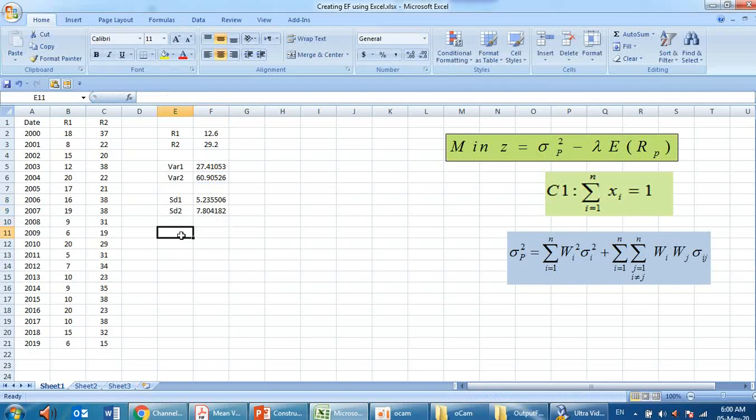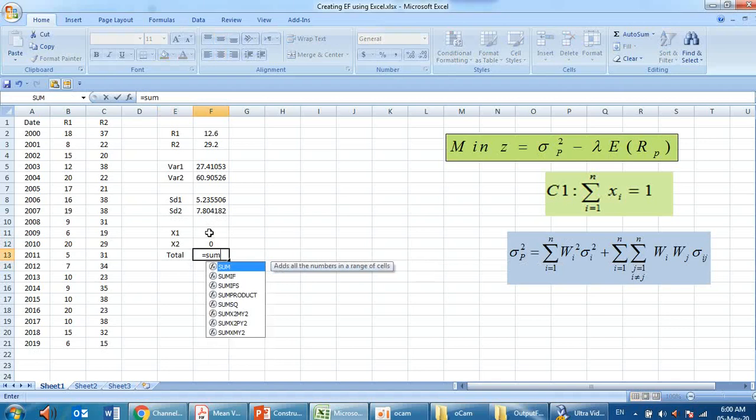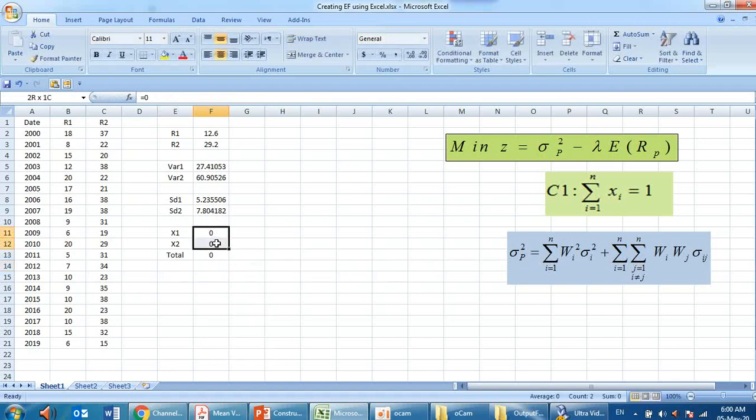Now I'll go for weight 1 and weight of the second, and these are equivalent to 0 for the time being. And the total should be how much? If you remember, it should be the sum of these two, and eventually it should be equal to 1.